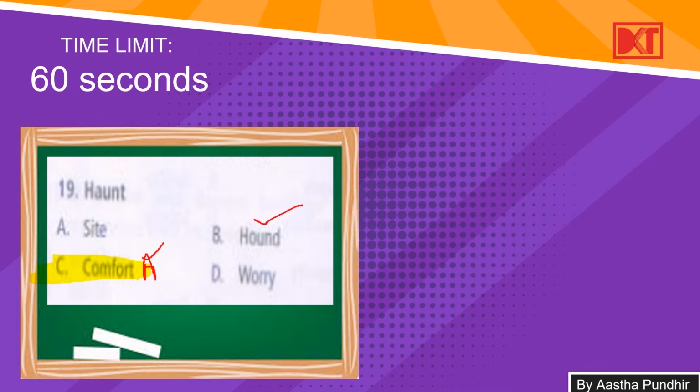Hound is usually a dog breed, the ones which go for search operations, the ones who smell and search for things. That is usually referred to as hounds. Okay, and worry, we know what that means, a sense of discomfort where you have tensions about something. All right, so here the correct answer is C, comfort.